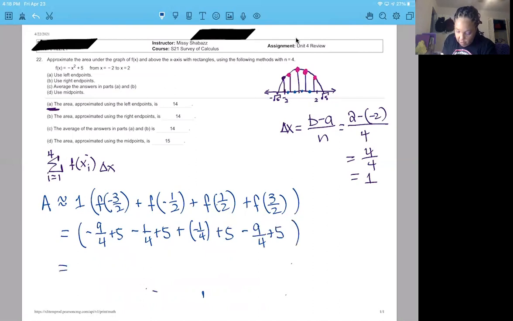All right, so if I count all my 5s, I get 20. And then I have negative 9/4, negative 1/4, negative 1/4, and negative 9/4. So let's see, that is negative 5. So I get 15.